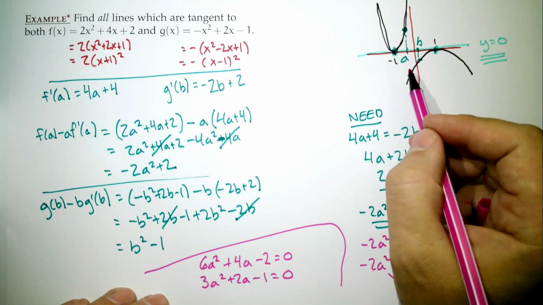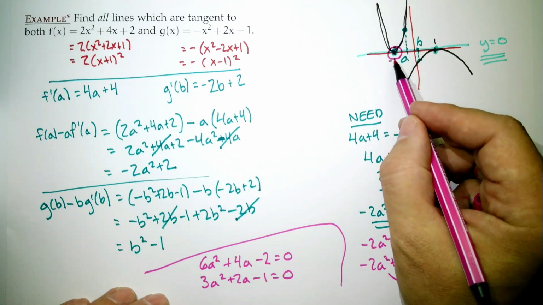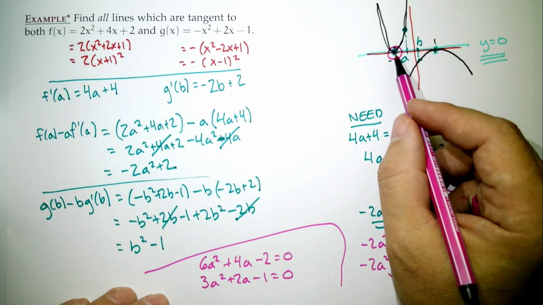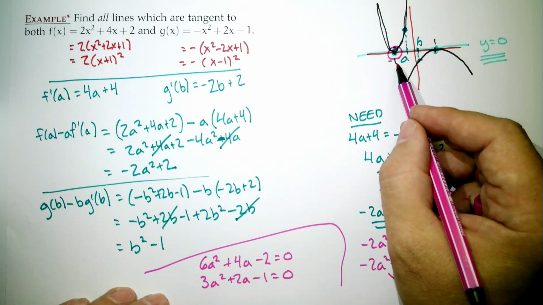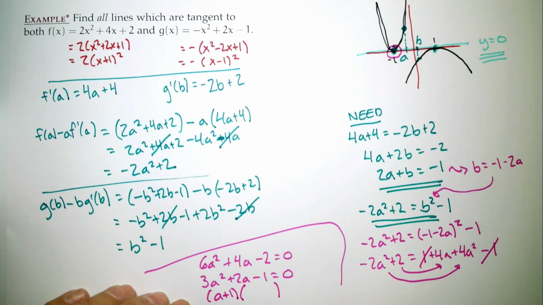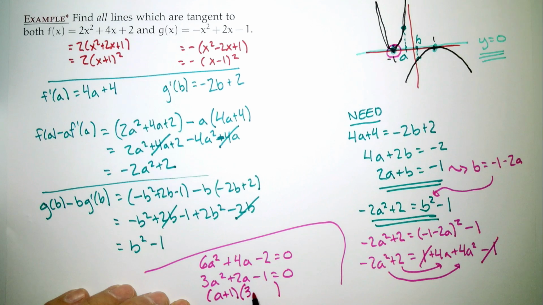Can you see what one of the factors has to be? Do you see this right here? That's a tangent line that works. Where's the tangent at? At negative 1. So it better factor as a plus 1, because a equals negative 1 has to be a solution. And then there should be something else. So what's the something else? 3a minus 1. Now, you can go back and check. 3a squared minus a plus 3a, that's 2a, and minus 1.